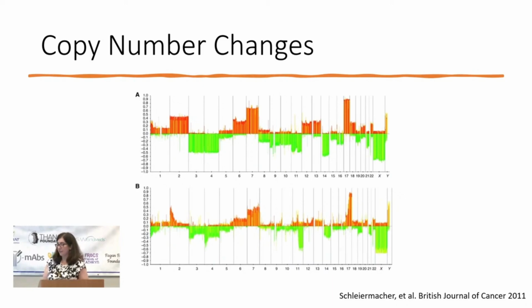So to orient you to these figures a bit, across the bottom here, we have all the chromosomes that exist in our cells, from chromosome 1 to chromosome 22, and then the X and Y chromosomes. And so what this figure is showing us is a deviation from that midline shows either extra DNA or less DNA than there typically would be.